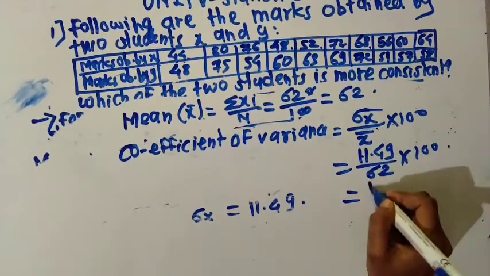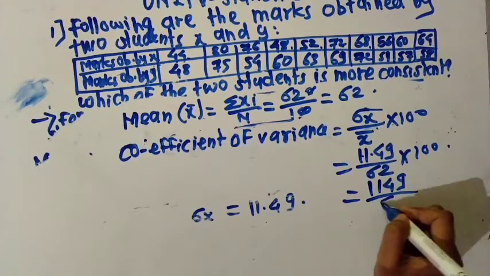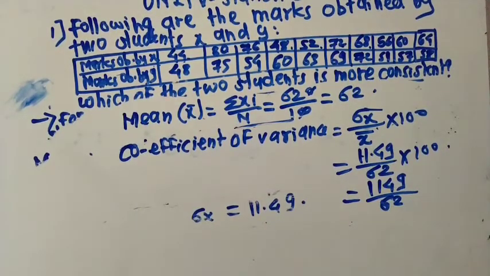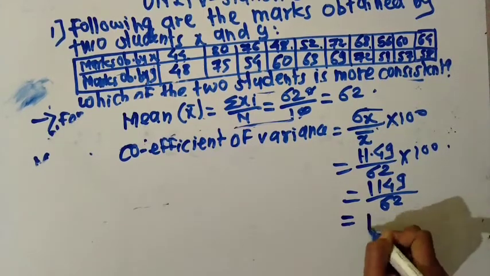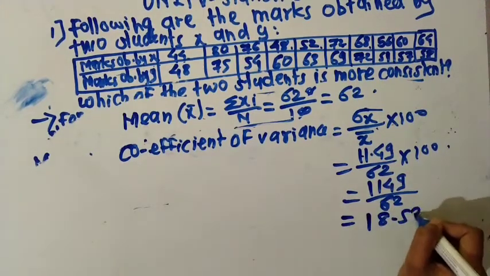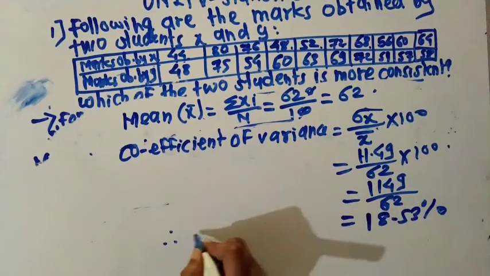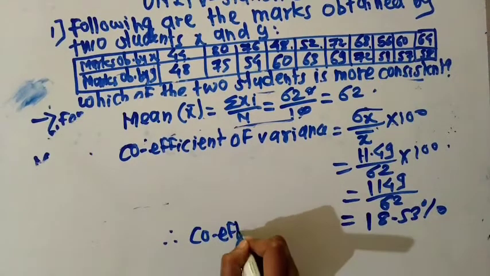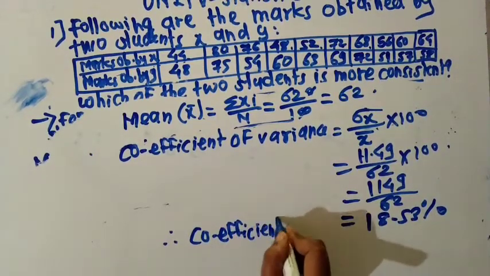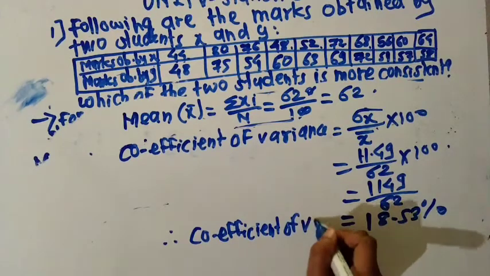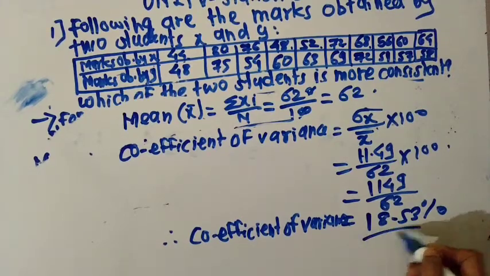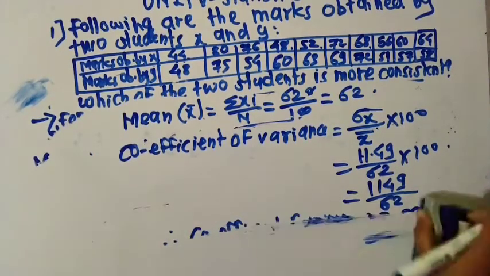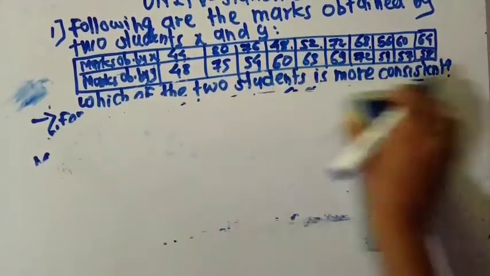This into 100 is 1149, and this division is equal to 18.53%, and this is the coefficient of variance for student X. Then similarly we find out the coefficient for Y.